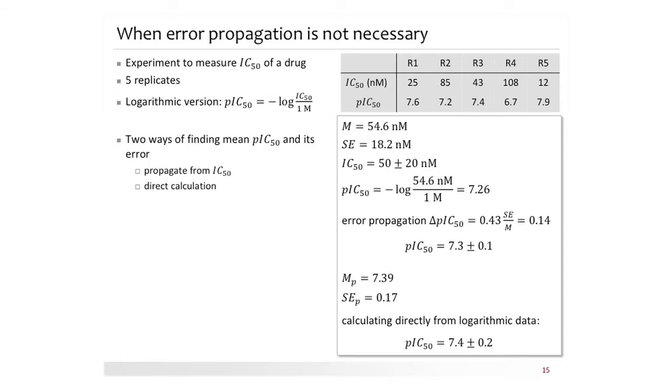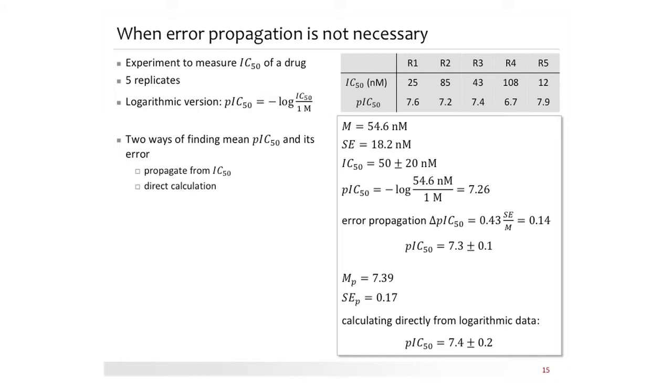So the mean out of these 5 measurements is 54.6 nanomolar. Standard error is 18.2. I would just focus on standard errors for a moment, but you can do the same for confidence intervals. So there are 5 replicates. As you remember from the previous talk, there would be only one significant figure in the error. So instead of 18.2, this is just 20.